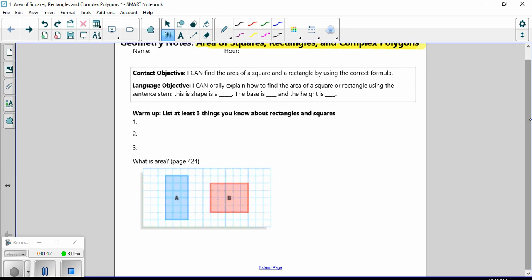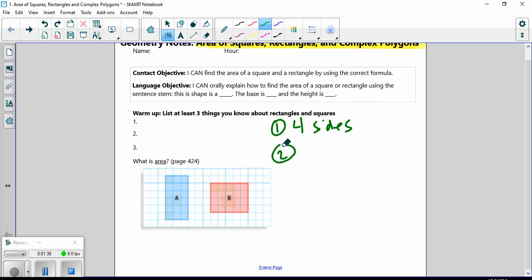Okay, so a couple things that I want to point out about rectangles and squares before we define area is that both rectangles and squares have 4 sides. So this is an important fact. Both of these have 4 sides.